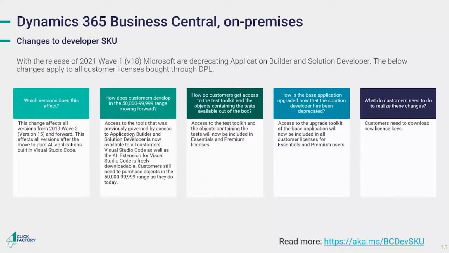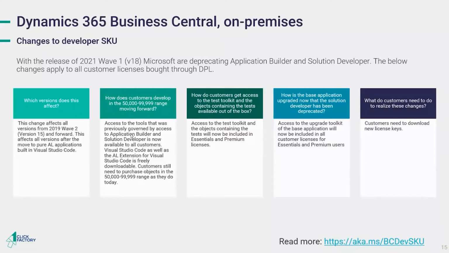Another important thing, and I think it was a big announcement. For most of the partners it was a big announcement, and I believe most of us know what change is happening. So basically, Microsoft is deprecating the application builder and solution developer, and this applies to all customer licenses bought through DPL.